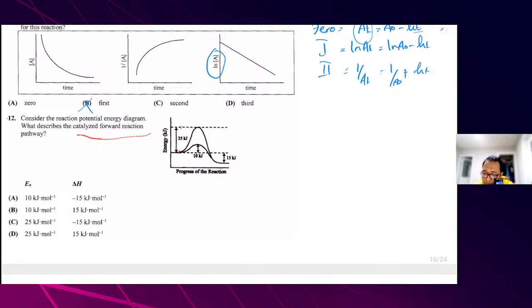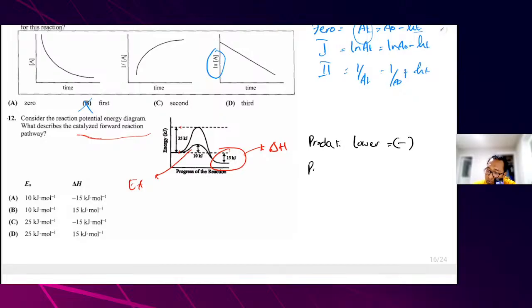Okay, in this case, this is the delta H, and this one is EA, the activation energy. Because the product is lower, delta H should be negative.